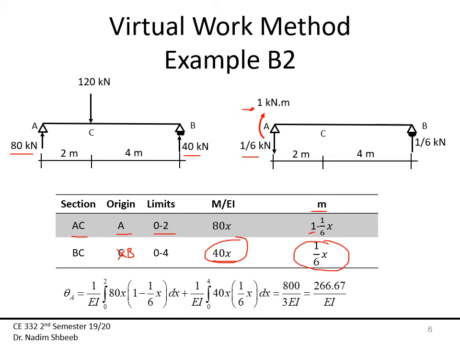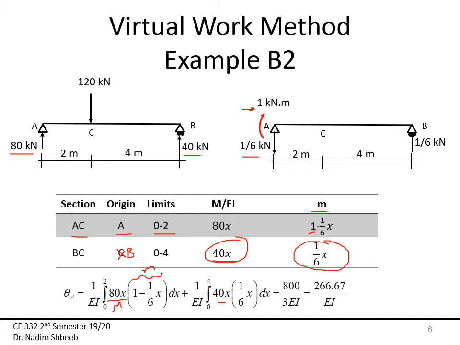I did not. So for me now, theta A is simply 1 over EI times the integration from 0 to 2 of 80x, this is my capital M, times this, my small m. Then from 0 to 4, this is now 40x times 1/6 x, and it's going to be 800 over 3 EI, which is 266.67 over EI.